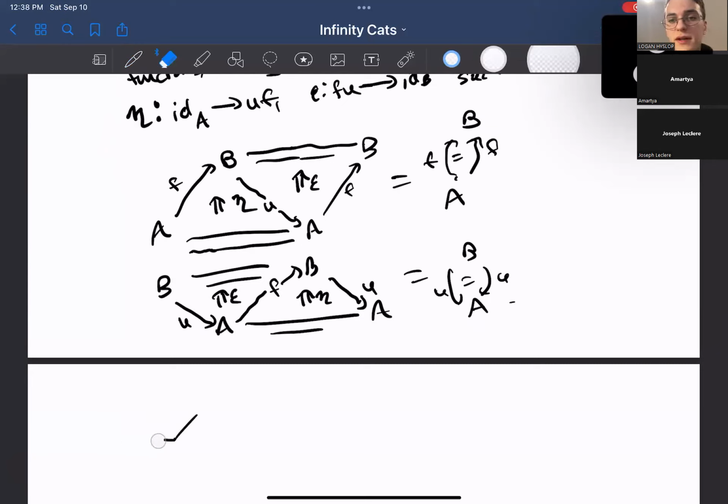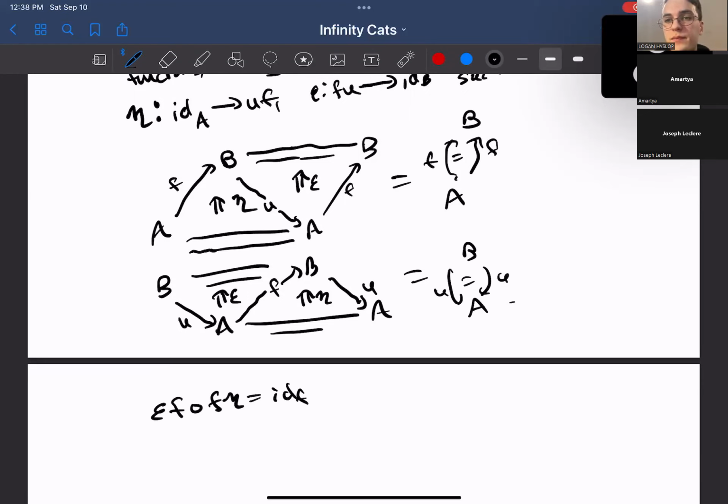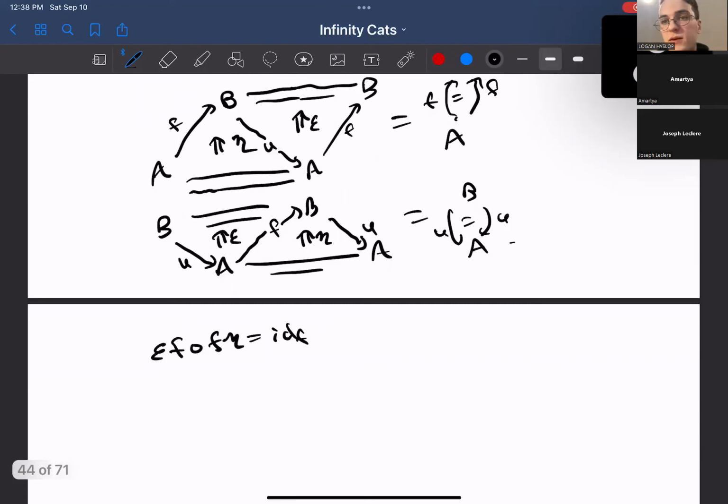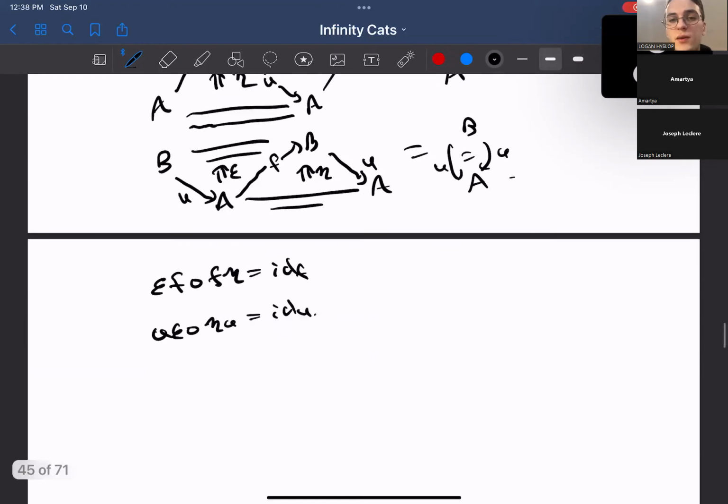So this top one is just telling you that epsilon F of F eta is equal to the identity of F. And the bottom one is telling you that U epsilon of eta U is equal to the identity of U. So these are just your normal triangle equalities that you have from ordinary category theory.